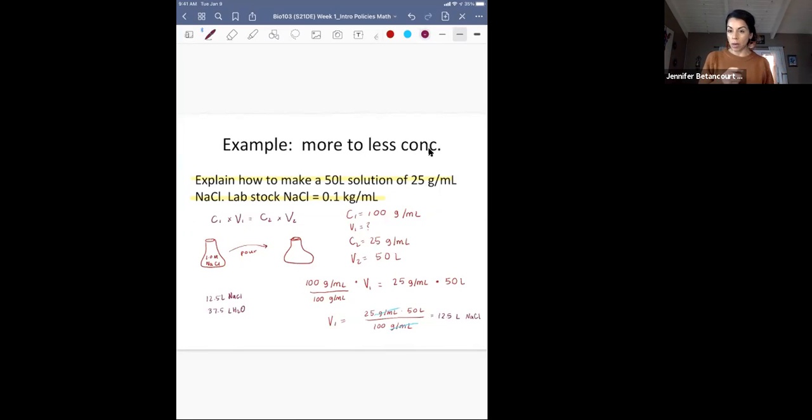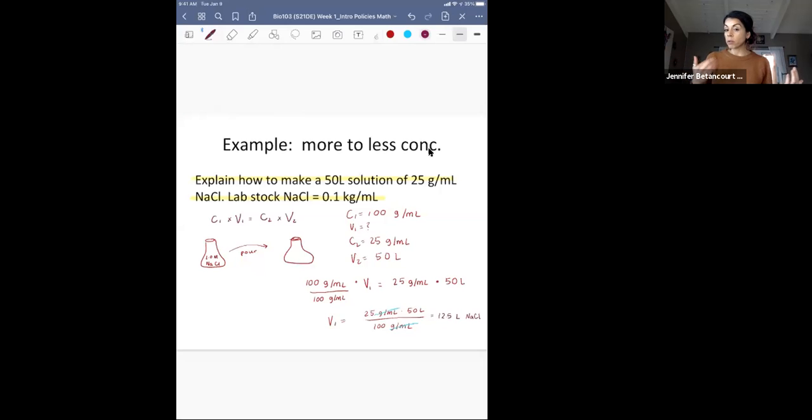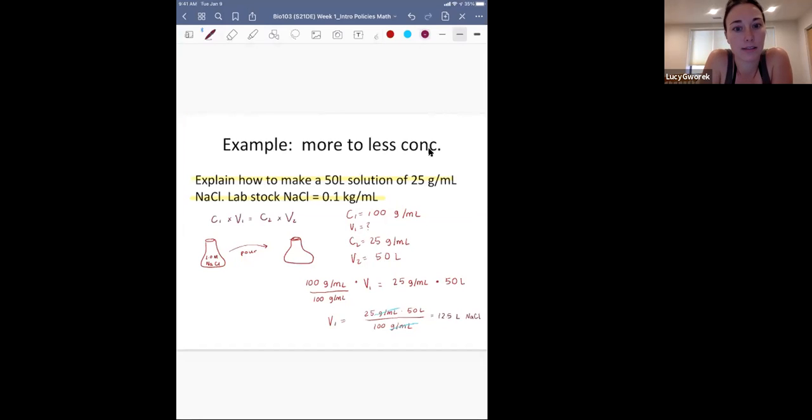So like your little diagram is showing you, you're going to take your stock and you're going to take 12.5 liters of it and put it in this empty beaker that you're going to label 25 grams per mil. Then you fill it to the 50 liter mark with water. If you have 12.5 liters of NaCl, how much water do you need? 37.5 liters. Correct.